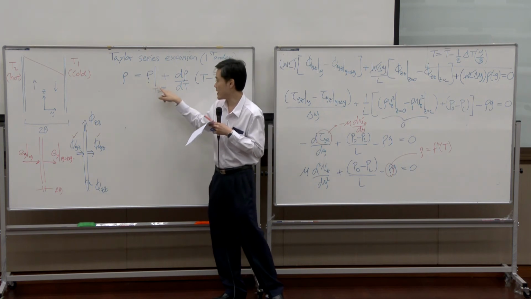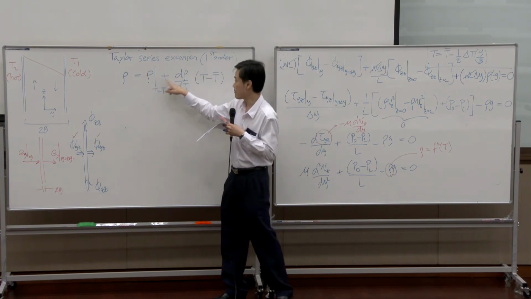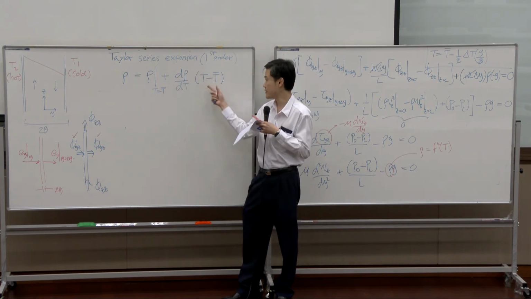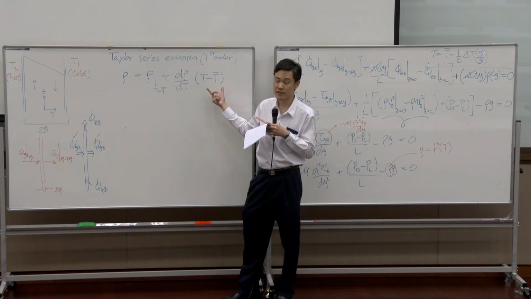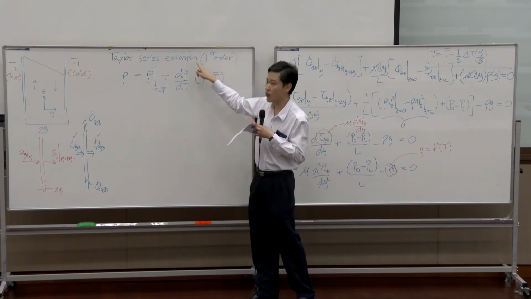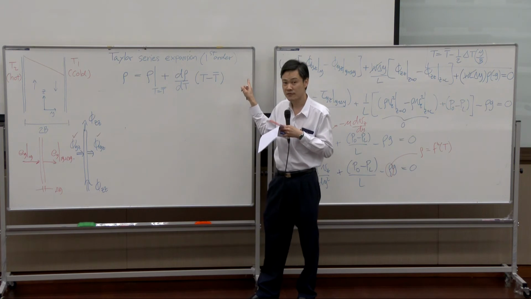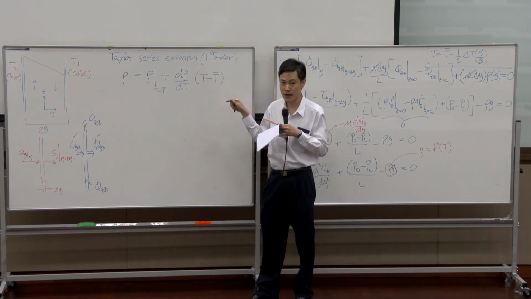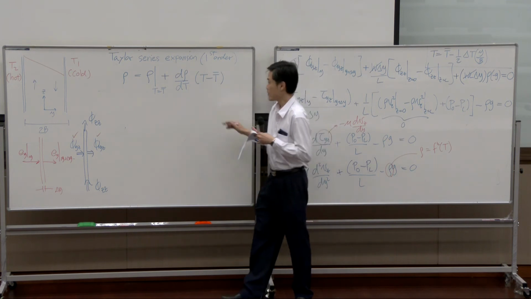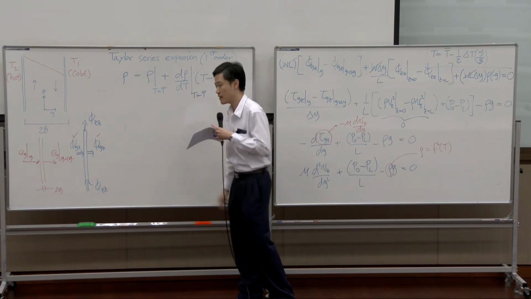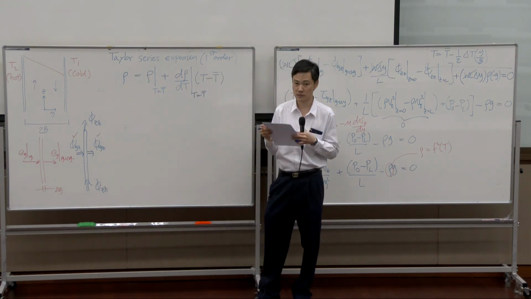You pick y as known x plus the slope at that point multiplied by the deviation in x. That's Taylor series expansion. If you use second order, the third term here will be the second order derivative and so on. So let's make things simple using first order. Okay? This slope here is supposed to be the slope at the fixed point that we chose.